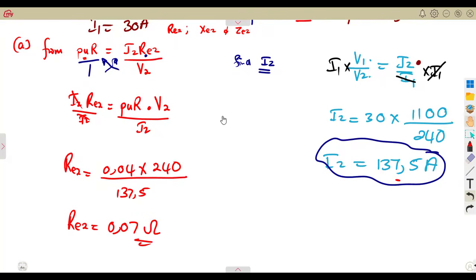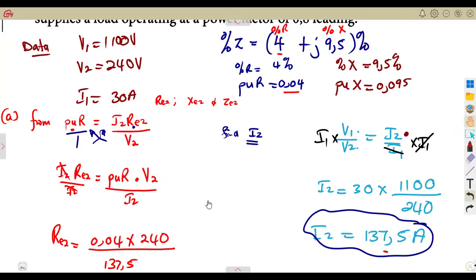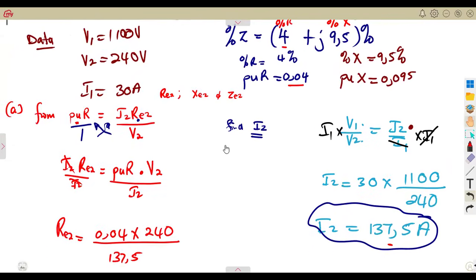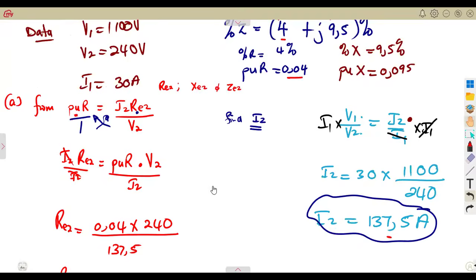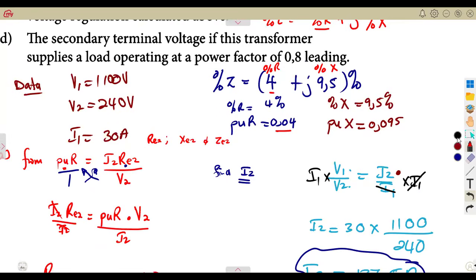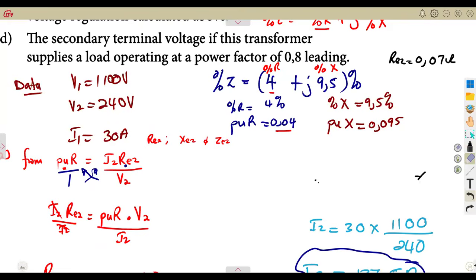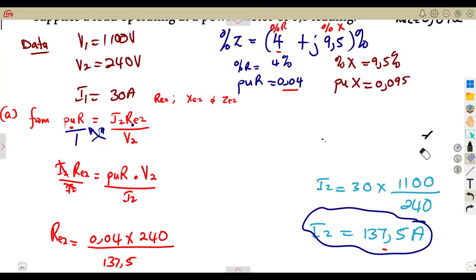So we've got our RE2. Like I said, we'll need these to calculate our percentage regulation, so let's write them aside. RE2 is 0.07 ohms. Also I2, you're going to need this because remember you're dealing with the secondary side.